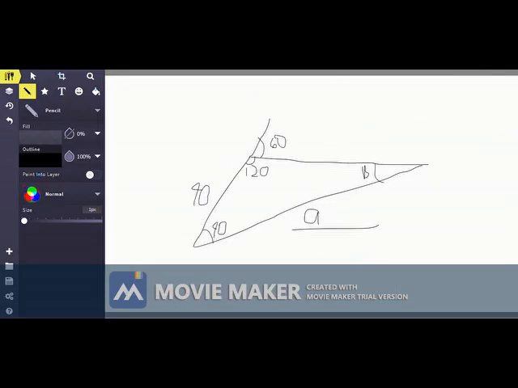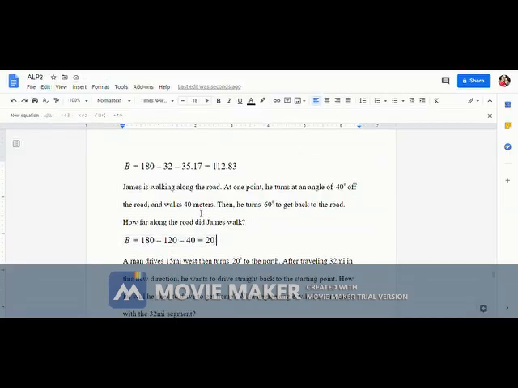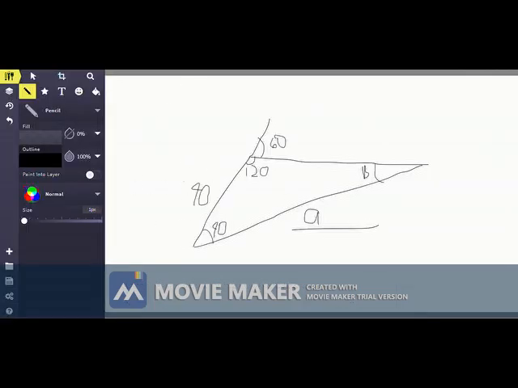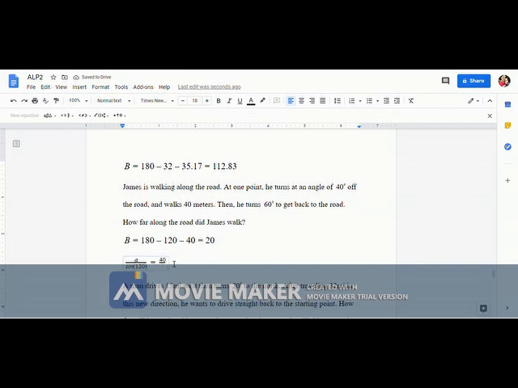So now we have an angle and the length of the opposite side, and an angle and a side that we want to find. We'll set the law of sines up: side A over sine 120 equals 40, the value of side B, over sine 20, that angle.